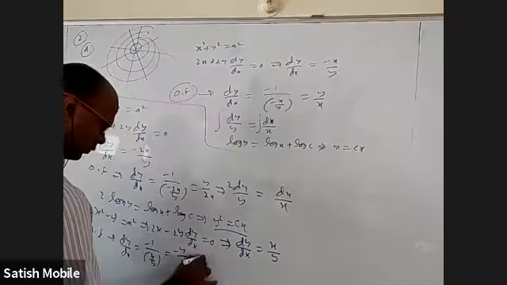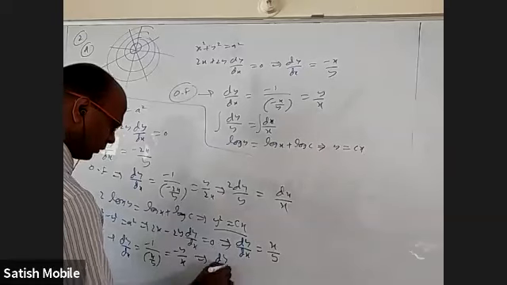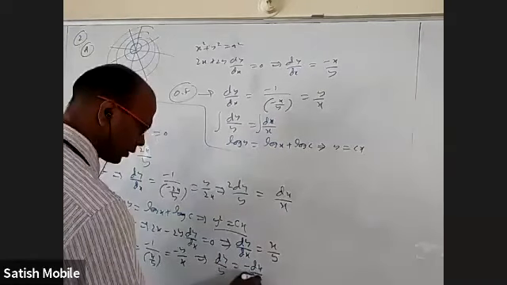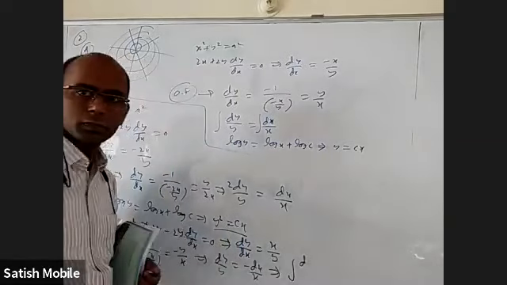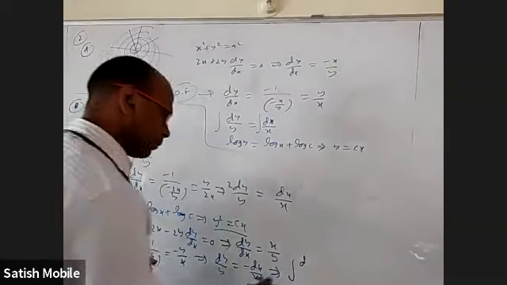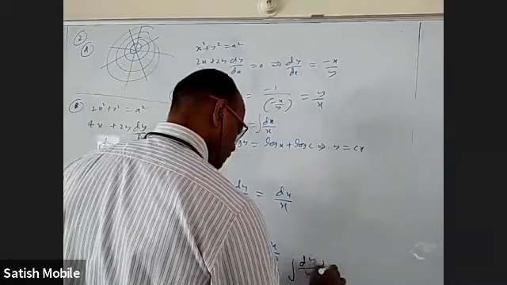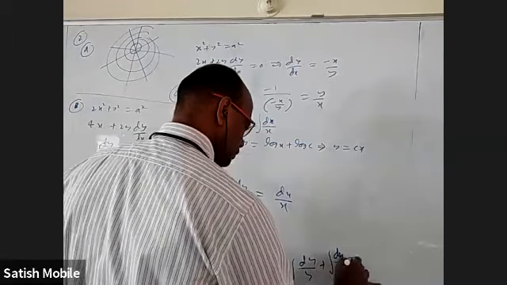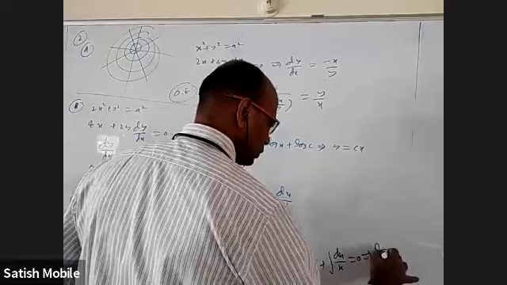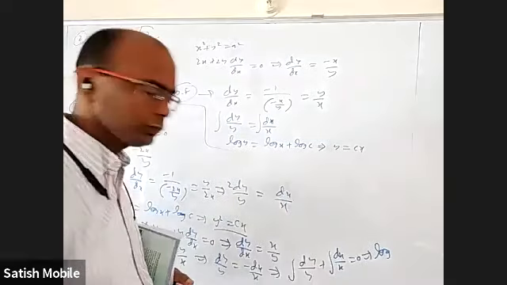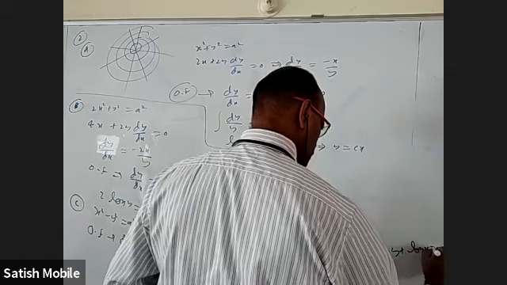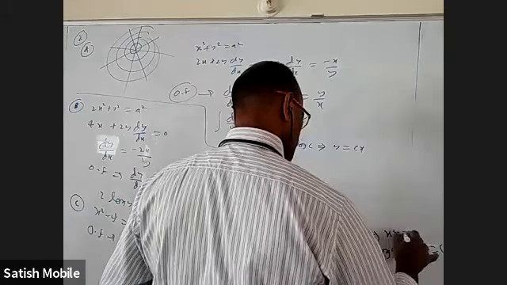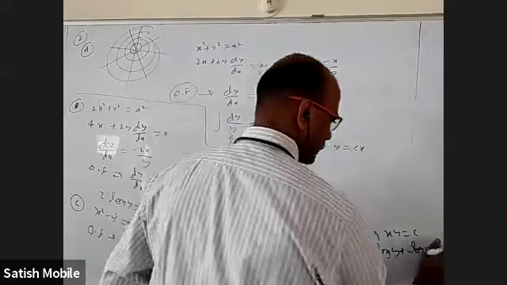And then variable separable: dy by y equal to minus dx by x. That is integral dy by y plus integral dx by x equal to 0. You are going to get log y plus log x equal to constant. That is xy equal to constant or log c.